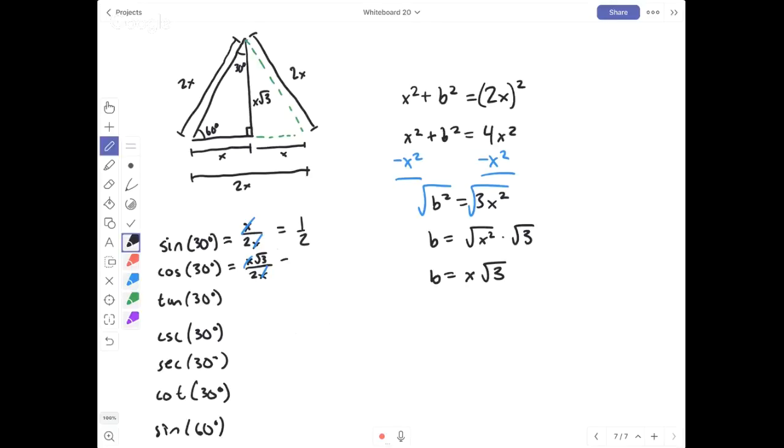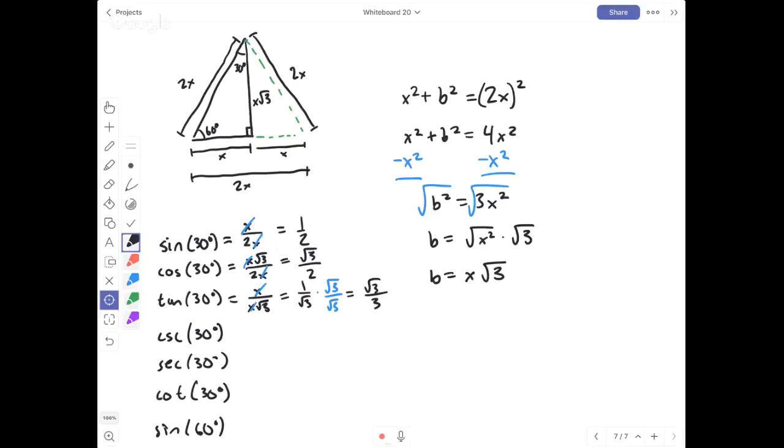I get root 3 over 2. For the tangent of 30 degrees, I get opposite x over adjacent x root 3. Cancel the x's for 1 over root 3, which I'm going to times by root 3 over root 3 to get rid of the radical in the denominator and get root 3 over 3.